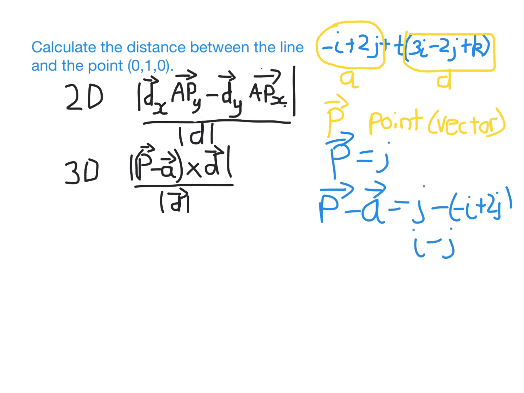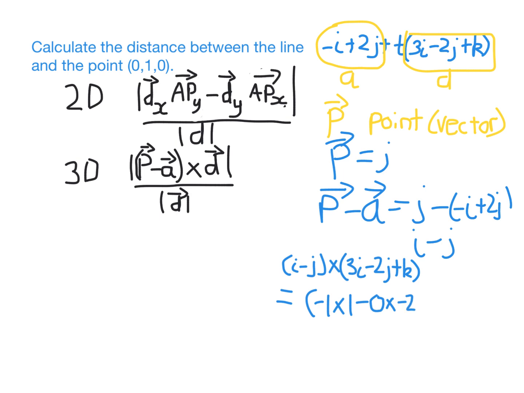We now need to calculate the cross product of i minus j and the vector d, which is this one here. So we would have the coefficient of j in the first times the coefficient of k in the second, minus the coefficient of k times the coefficient of j. That will give us the i component.